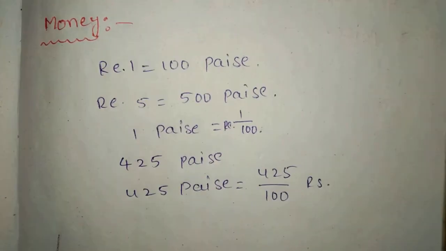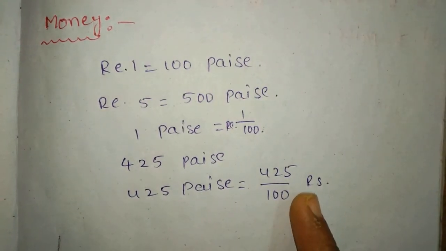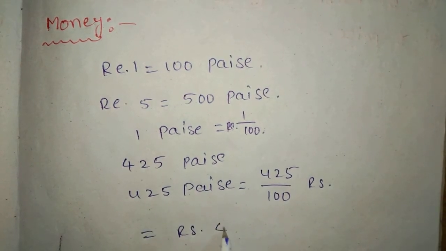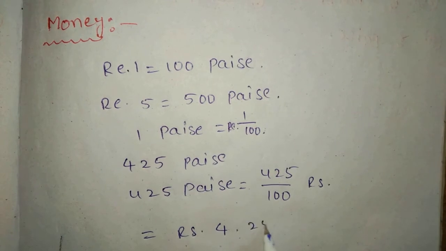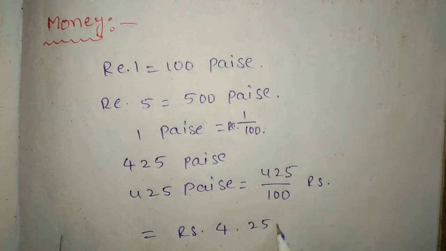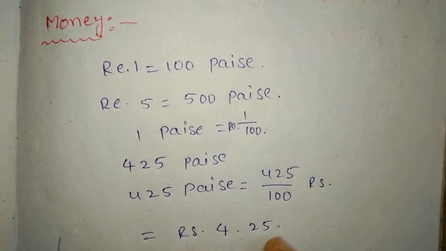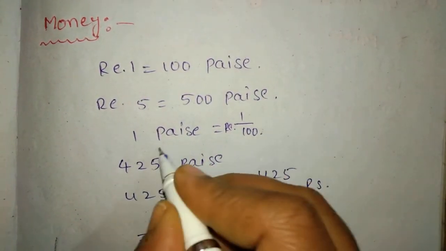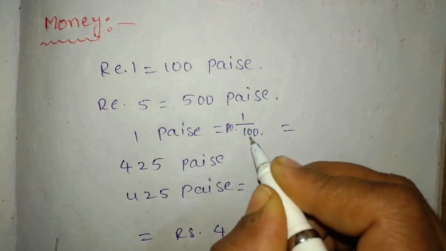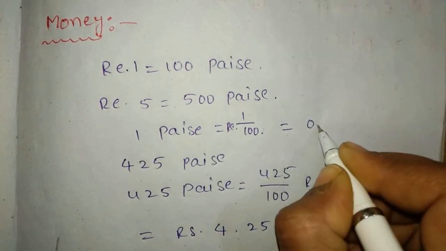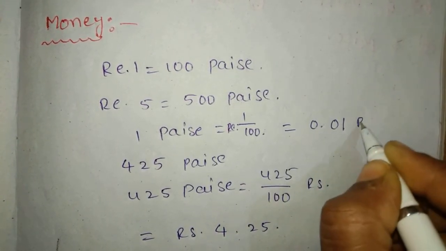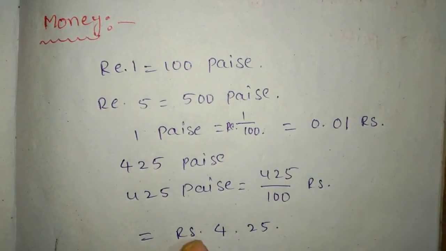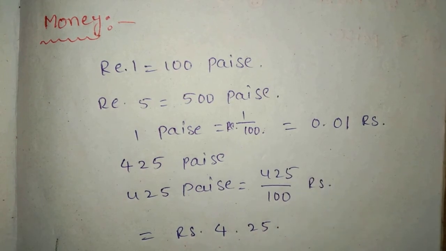Now we can write this as 4.25 rupees. Similarly, 1 paise is equal to 1 by 100 rupee, which is 0.01 rupees.